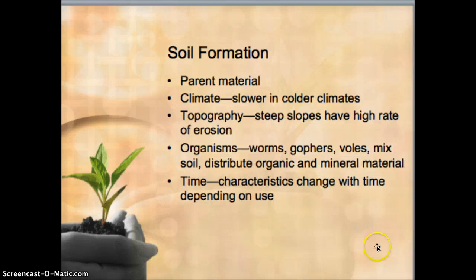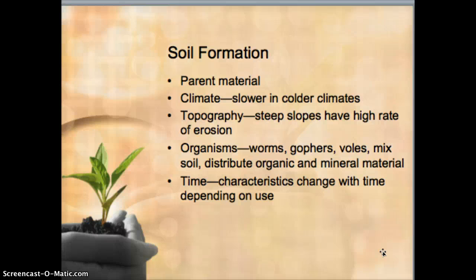When we look at soil formation, we have to look at a few things. We have the parent material. We have to look at the climate when we think about how a soil is actually formed, and this is of course going to be slower if you have a colder climate. We have to look at the topography of the area because steep slopes would have a high rate of erosion.